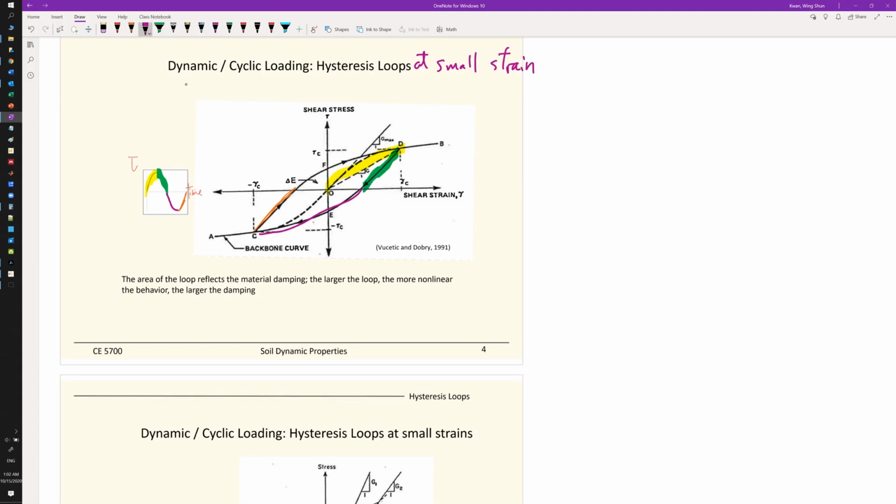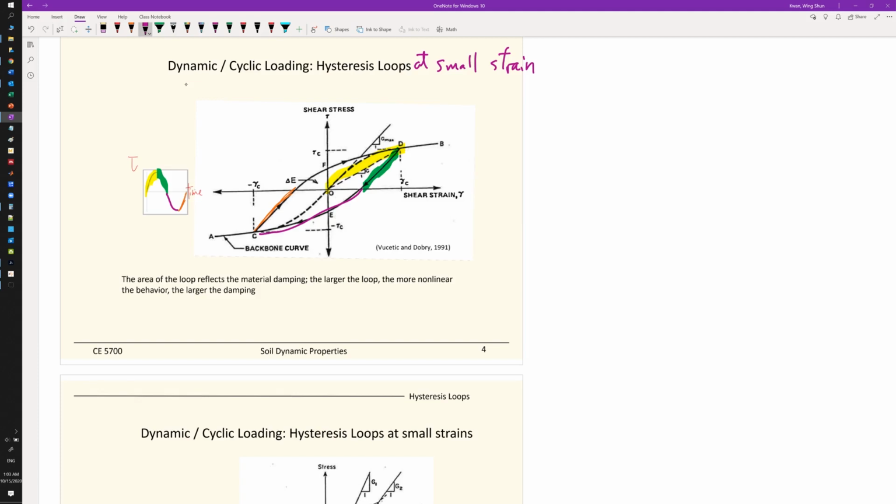Earthquake motion is a lot of random pulses at different frequencies and also loading amplitudes. For simplification, we will model it as a series of harmonic motions, which means you have a single frequency and single amplitude. So you just have a repeating sine wave. We talk about this more in soil dynamics.